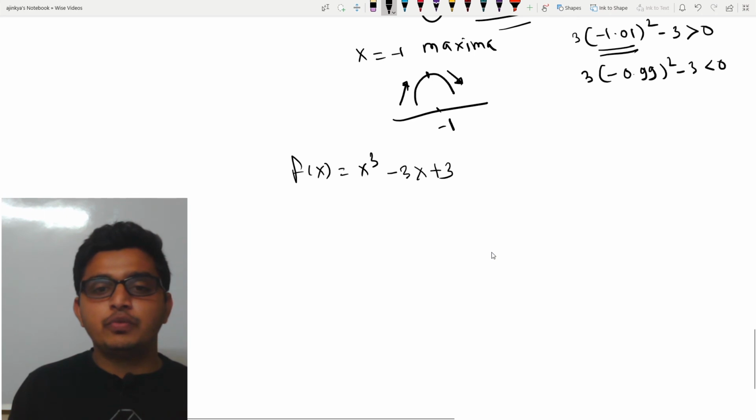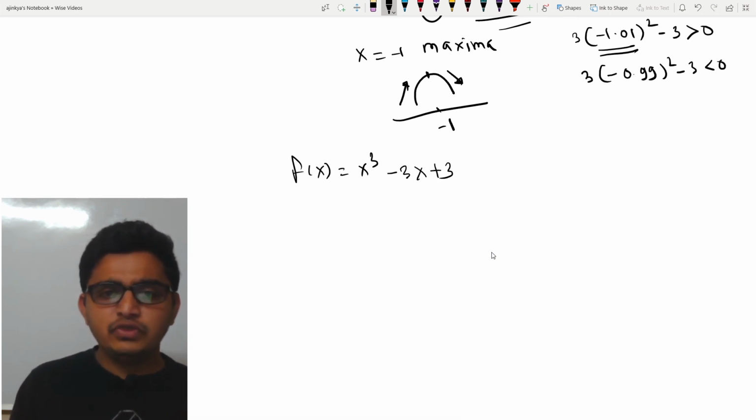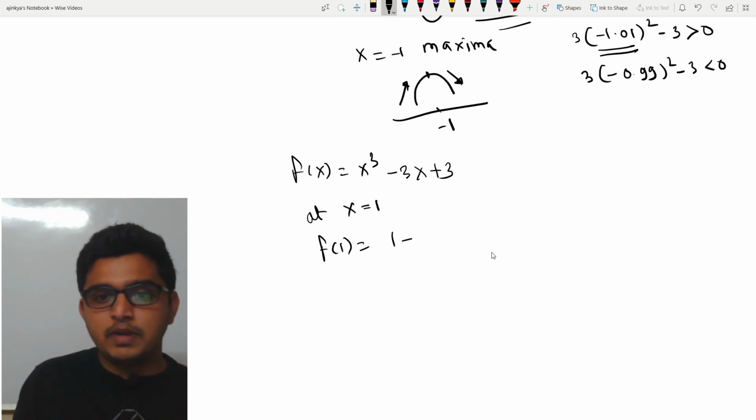Hence at x equals 1, we have f of 1 as 1 minus 3 plus 3, which is going to be 1.